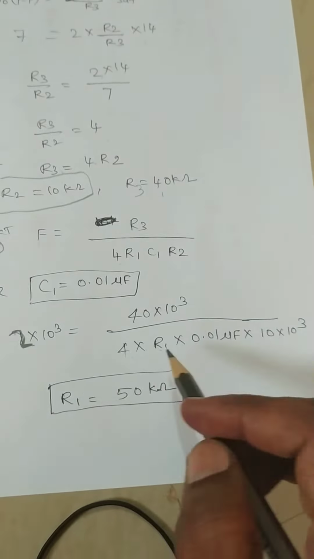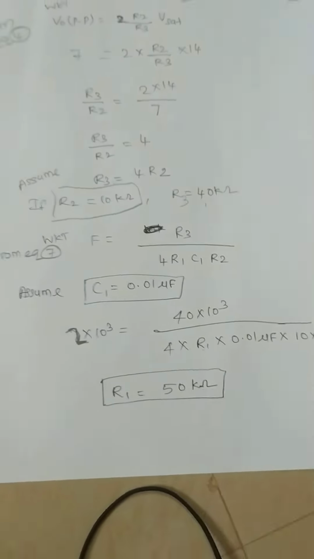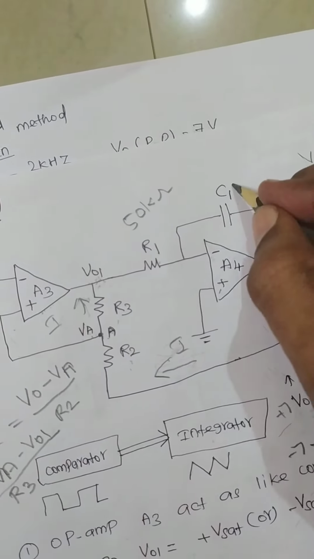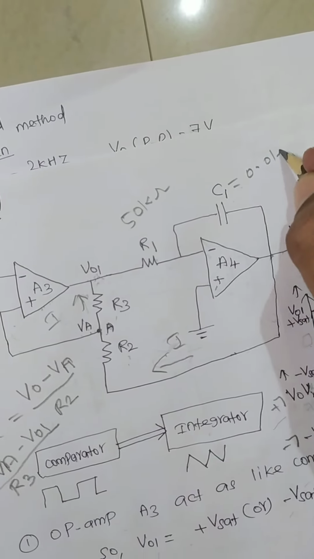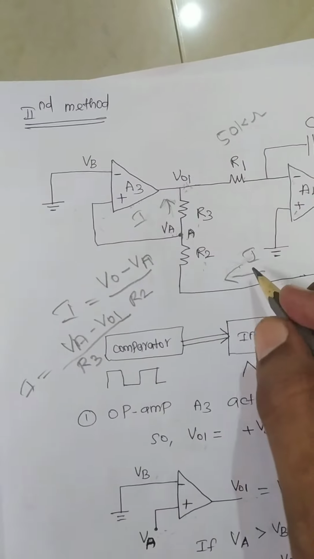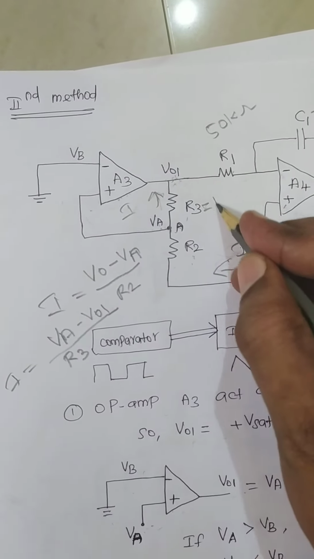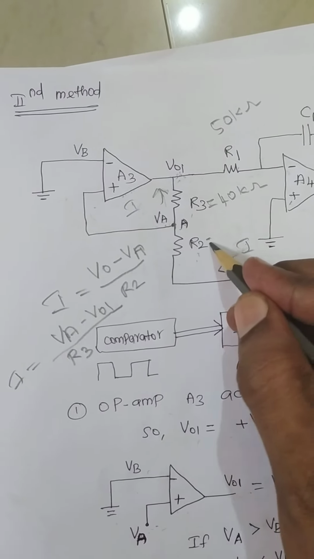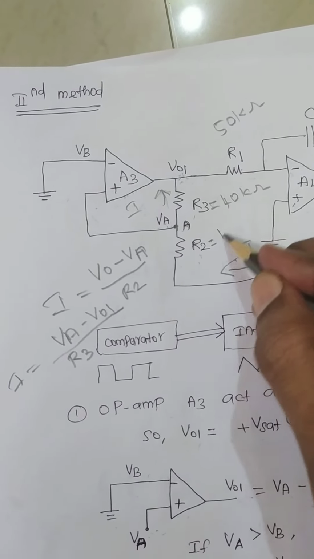So you can get R1 as 50 kilo ohm. If you put R1 as 50 kilo ohm, C1 as 0.01 microfarad, then R3 will be 40 kilo ohm and R2 will be 10 kilo ohm.